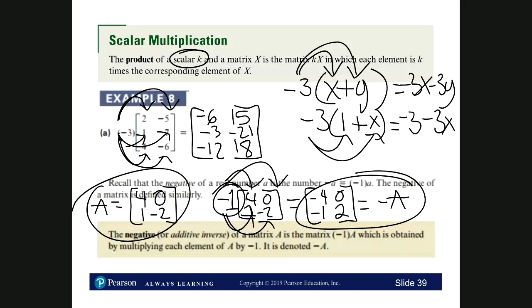For example, 2, if you want to add a number that will give you 0, you already know it is a negative 2. And so we call that an additive inverse. In fact, 2 and negative 2 are additive inverses of each other. So matrices do have that same characteristic.